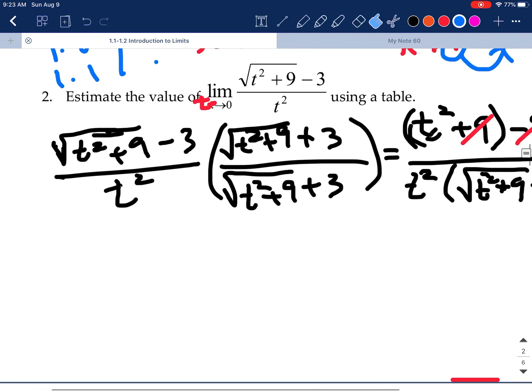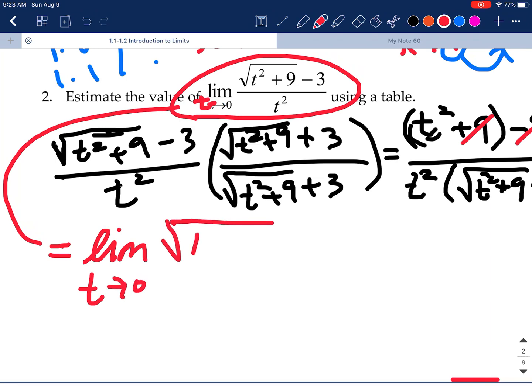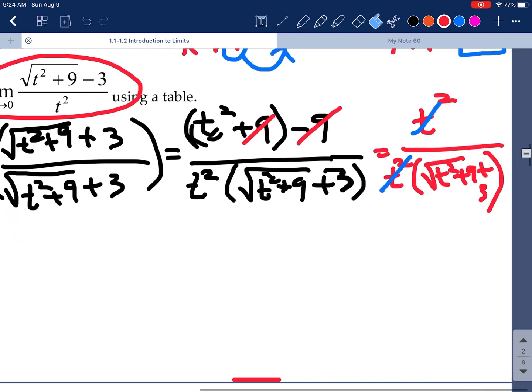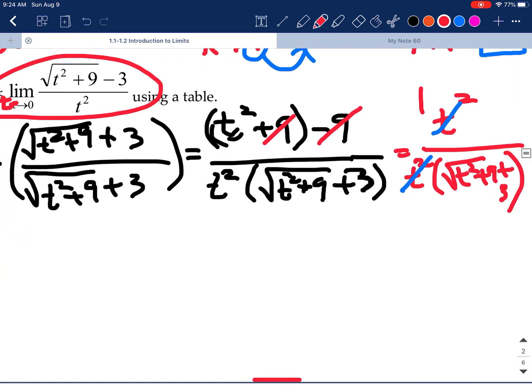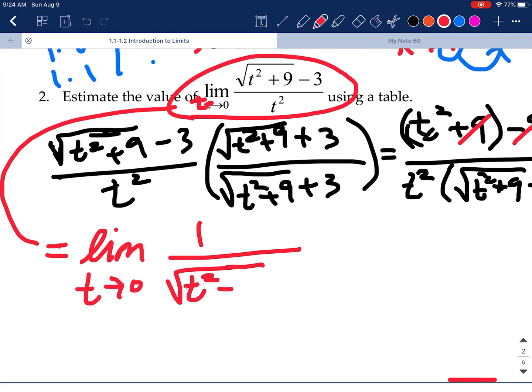So what we get from our work here is that our original limit is equal to the limit as t goes to 0 of, we can just write our new expression, which is simply going to be 1 on top, 1 over the square root t squared plus 9 plus 3.